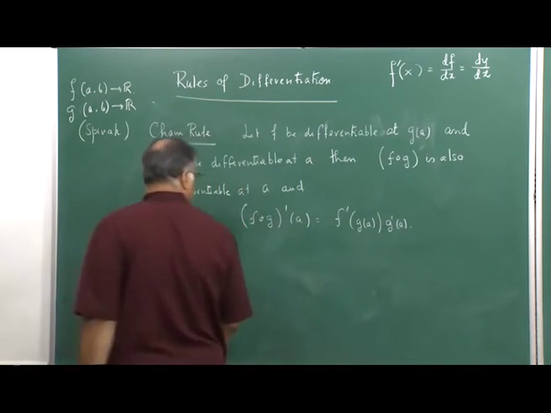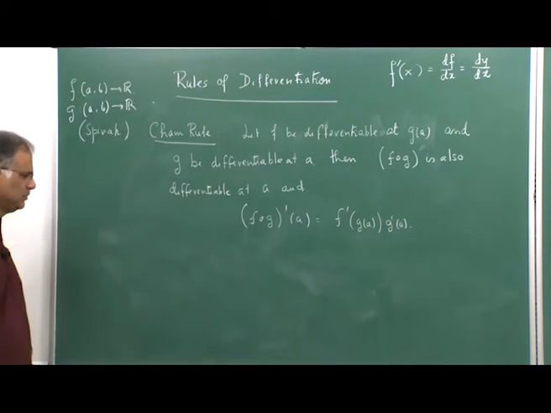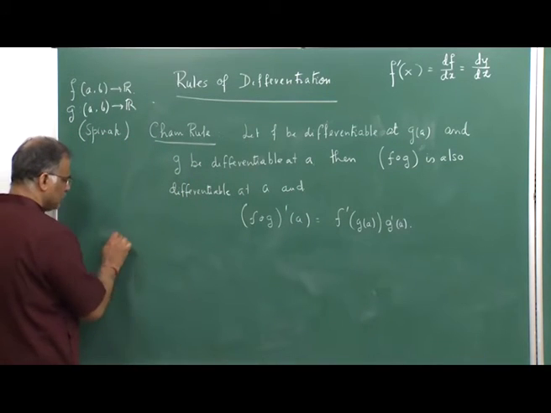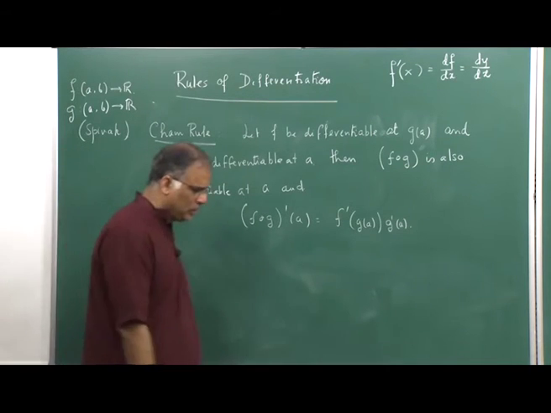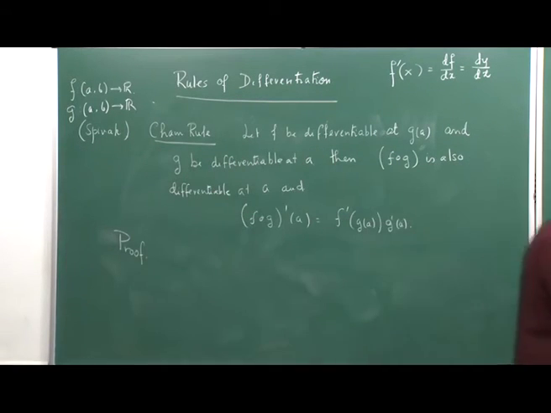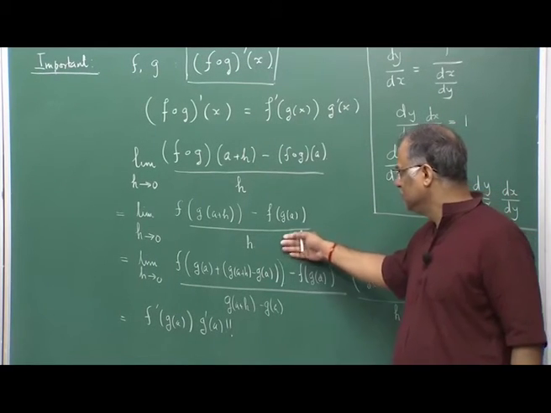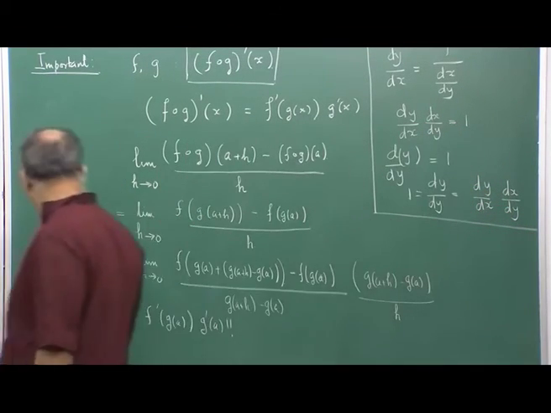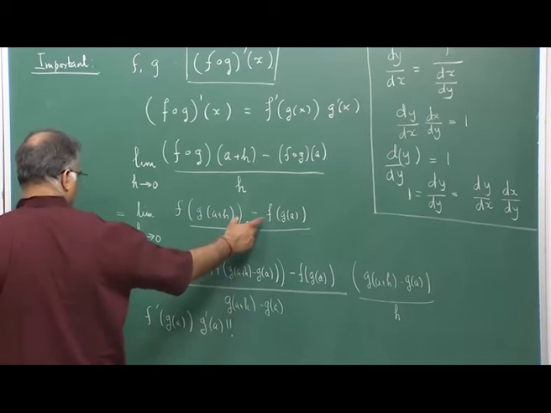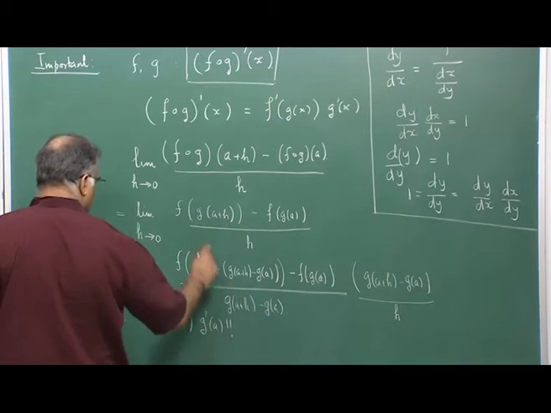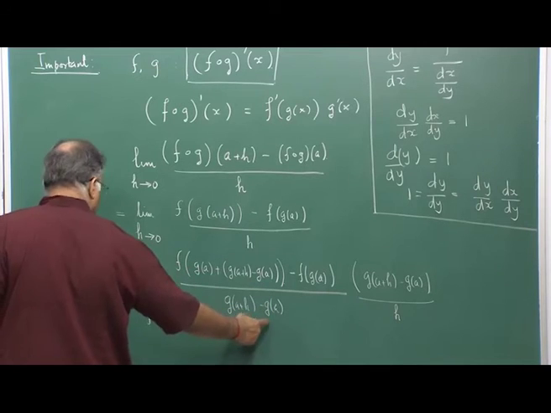Now, how do I start doing the proof of this? Okay. The proof begins by constructing a function called phi of h, which has similar structure like this, right, because you see this thing is nothing but f of g(a+h) minus f of g(a) divided by this.